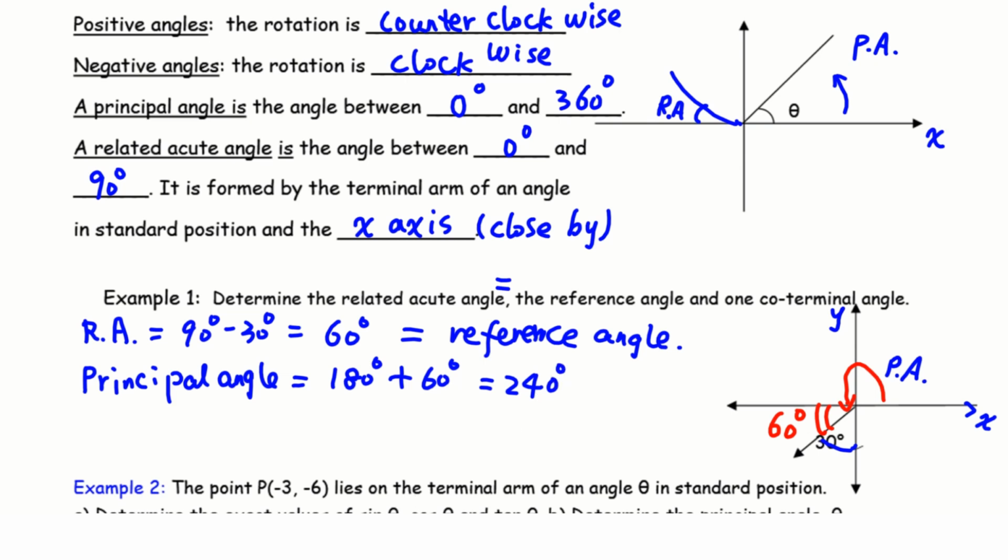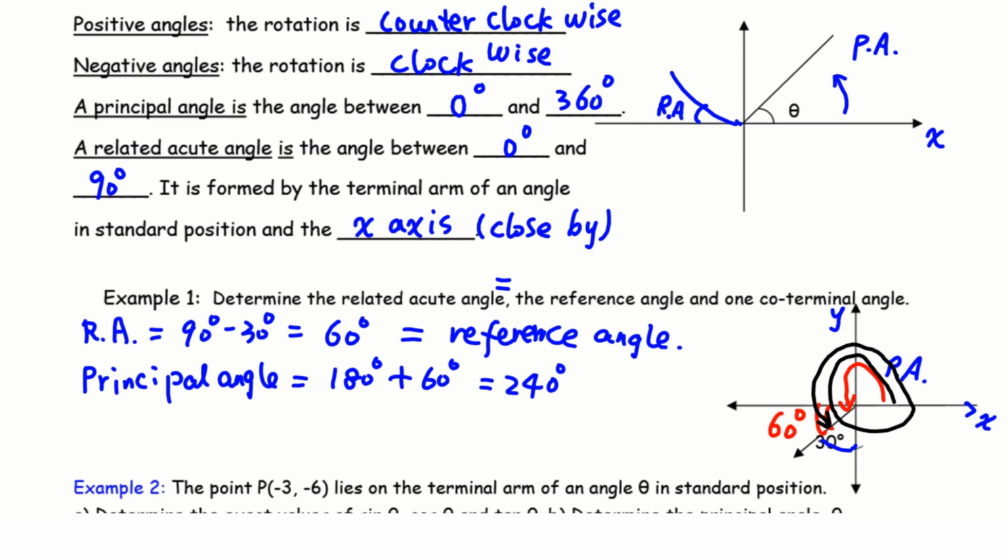For the coterminal angle, we could do it from here. We pass this one, continue to rotate, then come back and reach this terminal arm again, so it will be 240 plus 360.